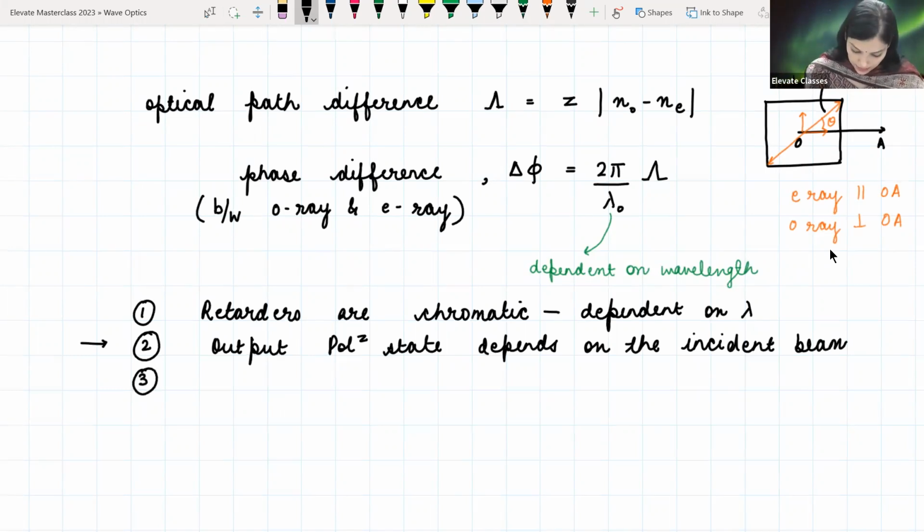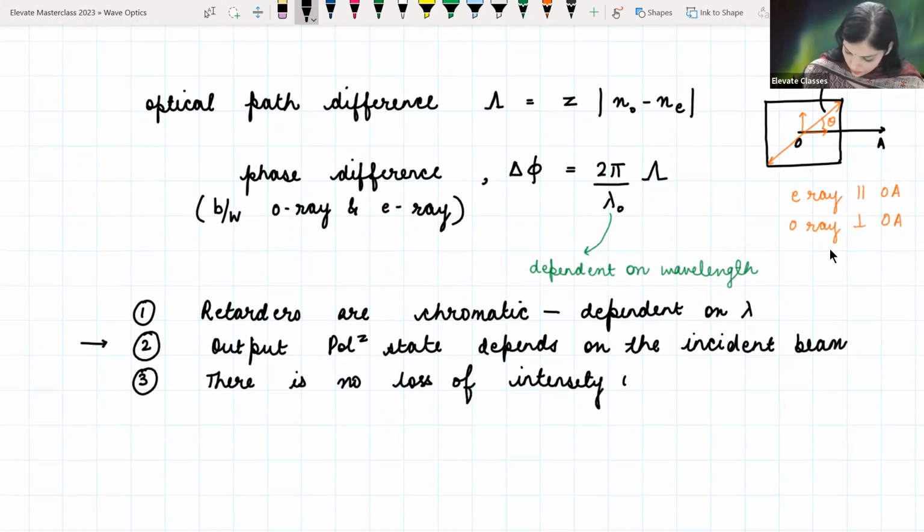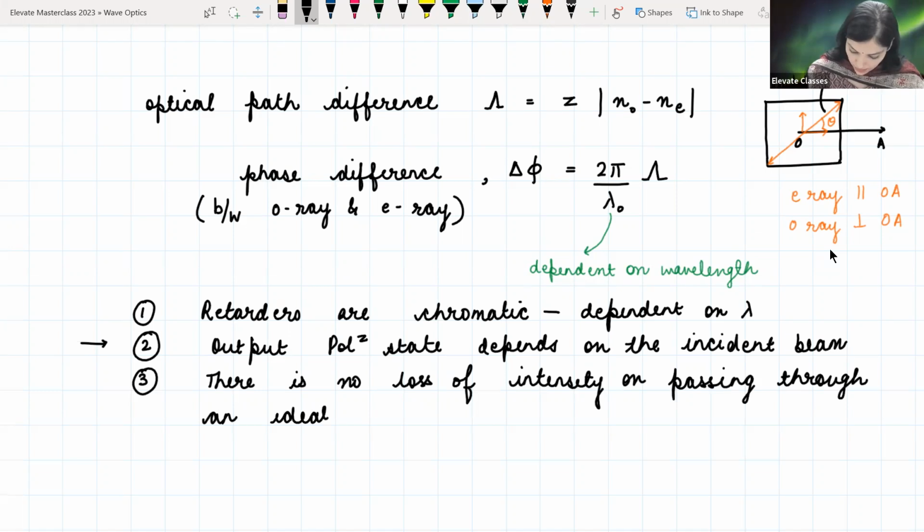And the third thing is that there is no loss of intensity on passing through an ideal retarder. There is no ideal retarder in real life, but the principle of a retarder says that only this delta phi phase difference is introduced.